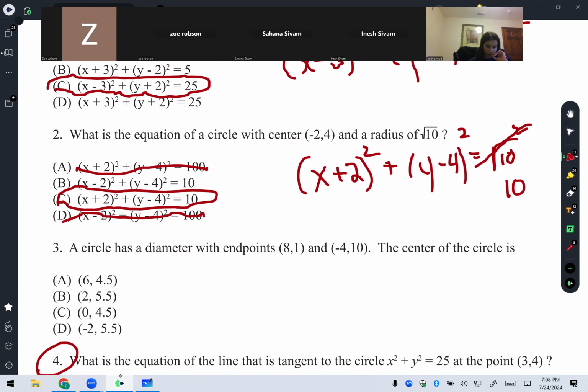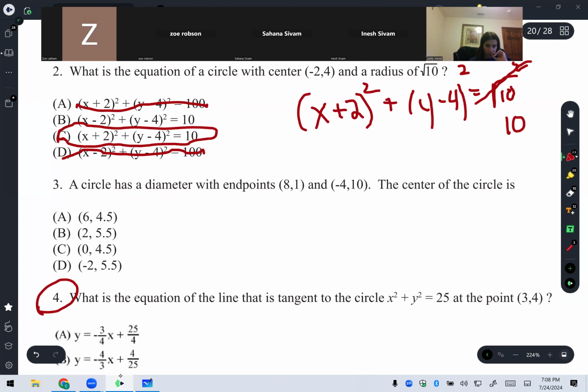Okay, this one. A circle has a diameter with points, so we just have to average.